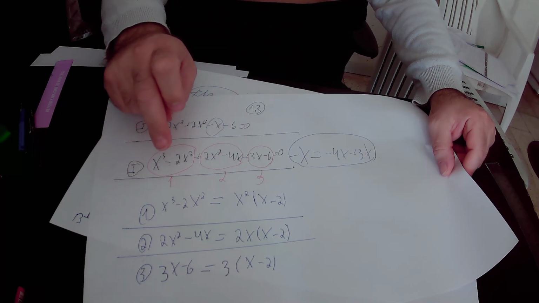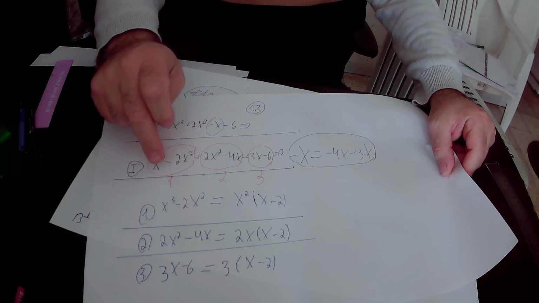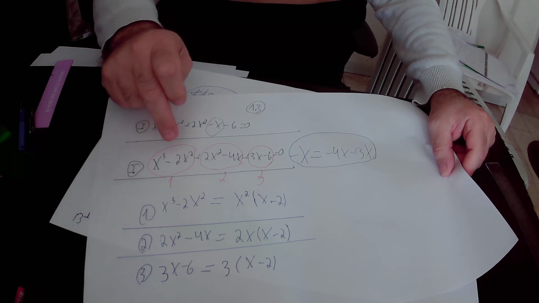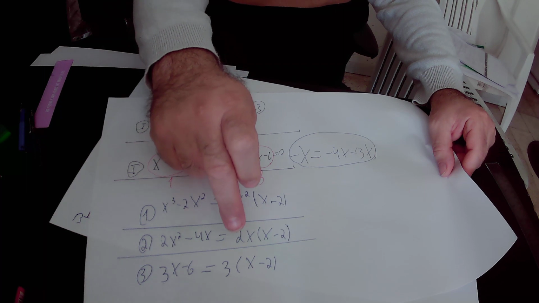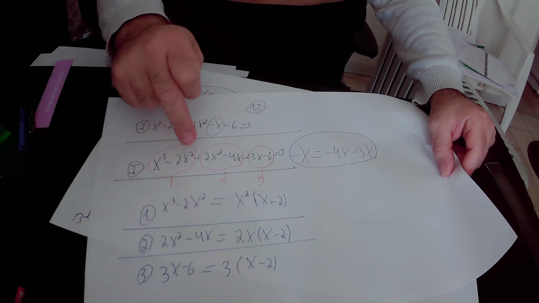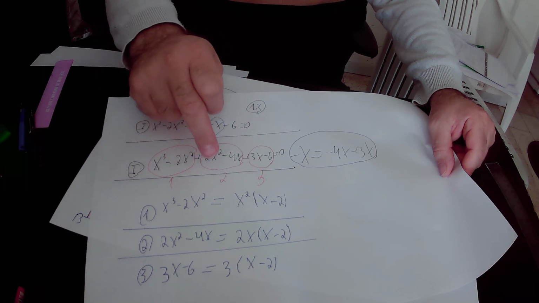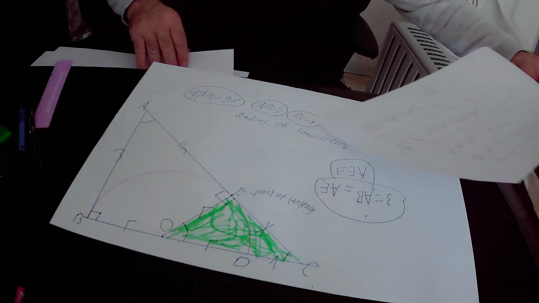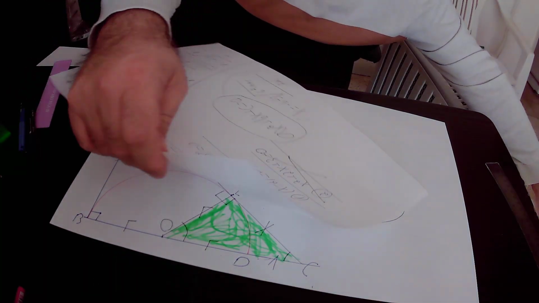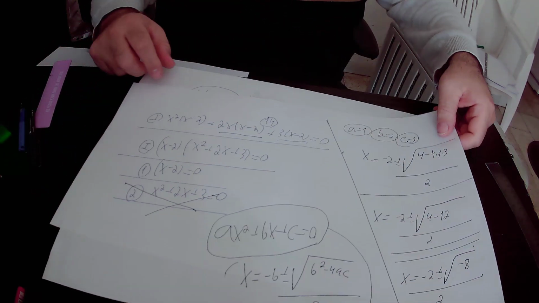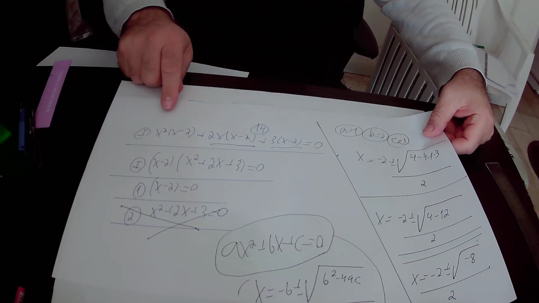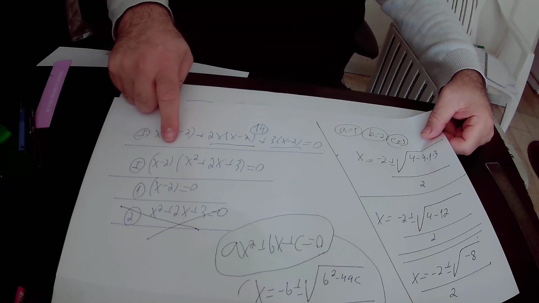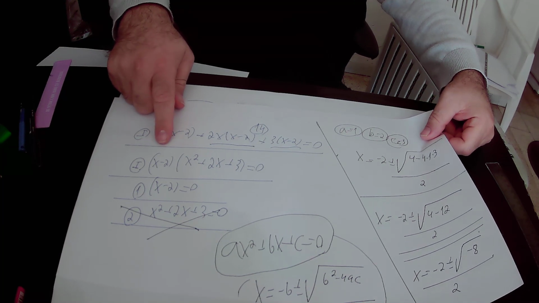After we took the common factor from those 3 parts, we got these expressions, and we substituted those 3 expressions by these 3 expressions, and we got this expression number 1.